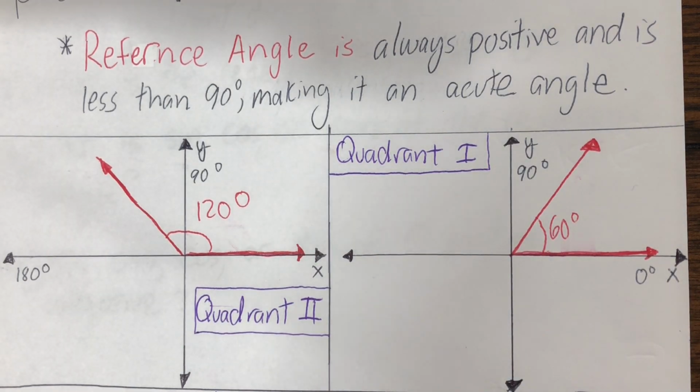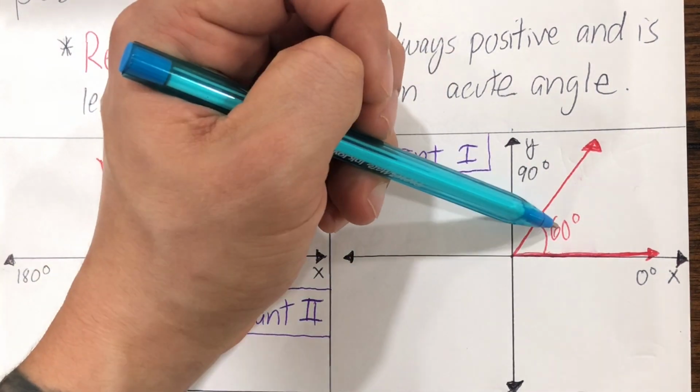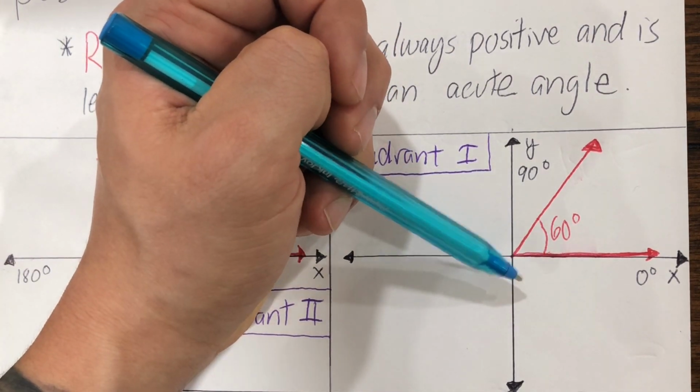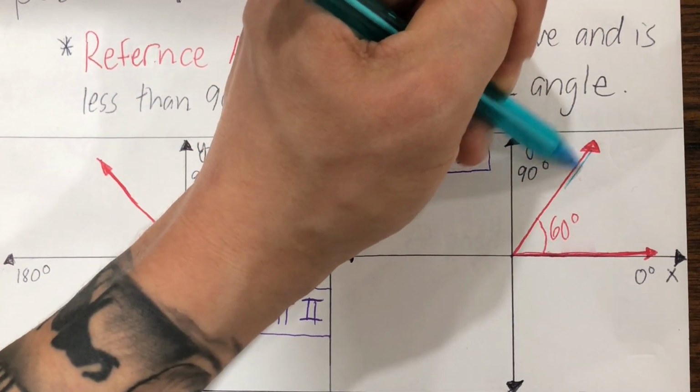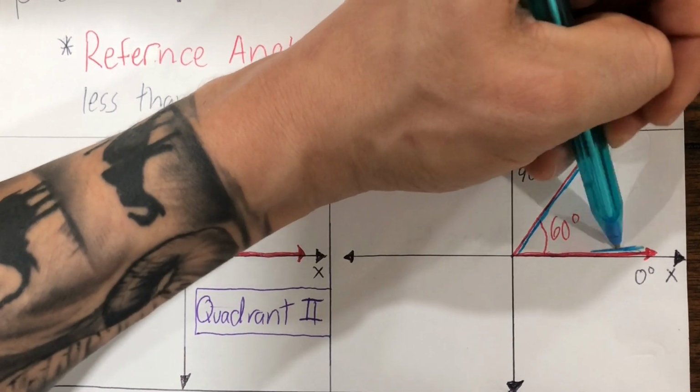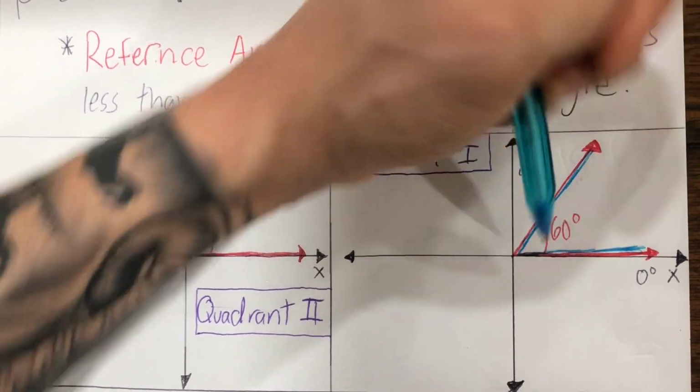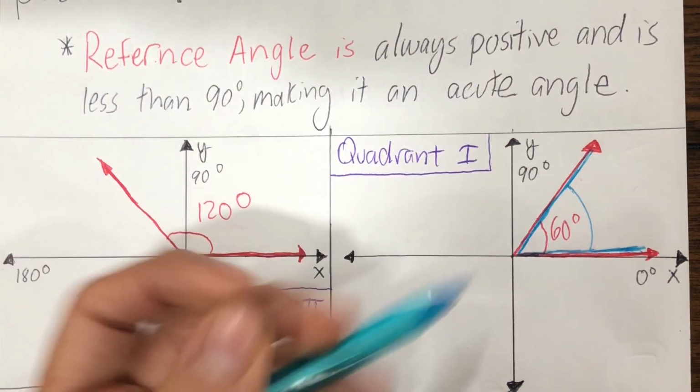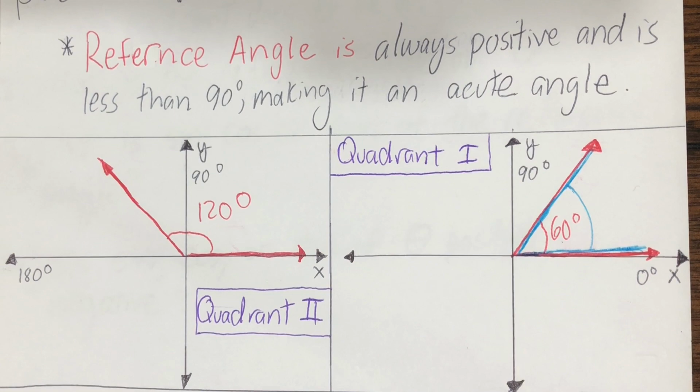So we can say that the reference angle for this angle, which is 60 degrees, is the angle itself. So I'm going to draw my reference angle on the same spot as the given angle. So my reference angle is also 60 degrees. So to calculate a reference angle in the first quadrant, it is basically the angle itself.